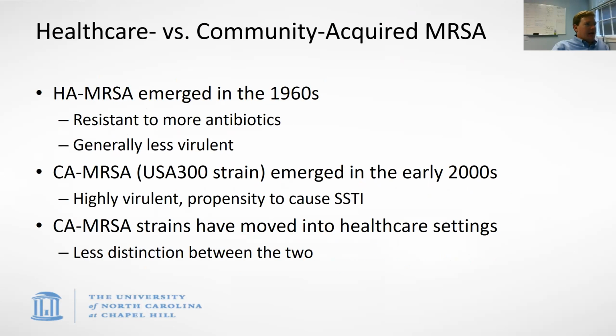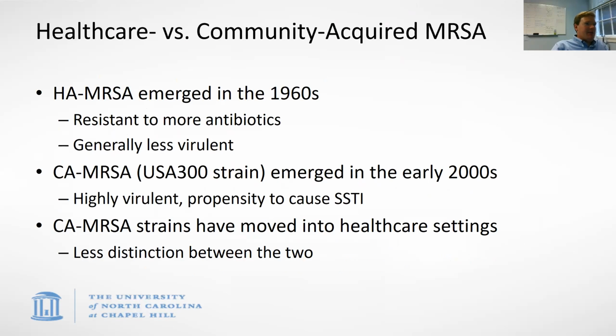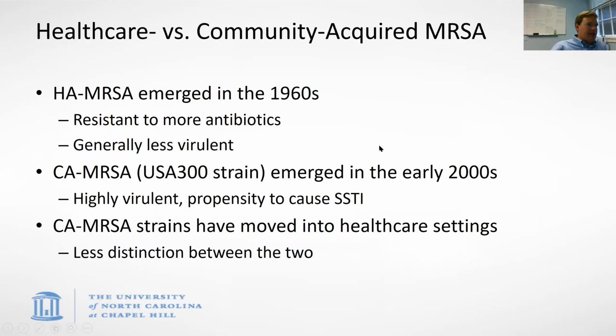We already kind of covered that. Oh, so this is why. So healthcare-acquired versus community-acquired MRSA. Back in these strains down here in the early 1980s and the late 80s, that was healthcare-acquired MRSA. It first emerged in the 1960s, but really exploded in the 1980s. It was actually much more resistant.